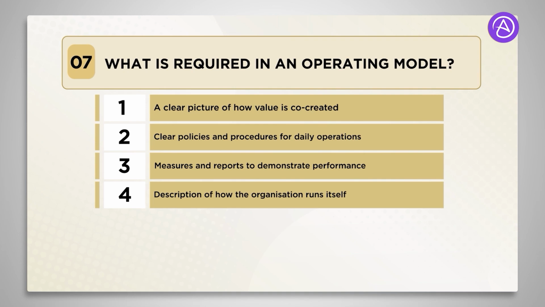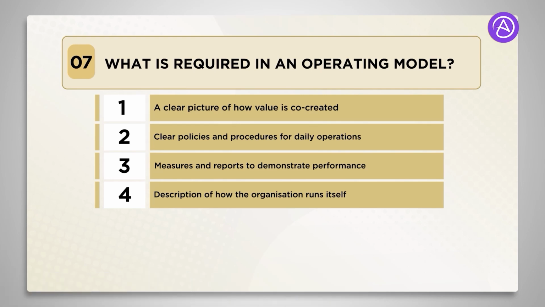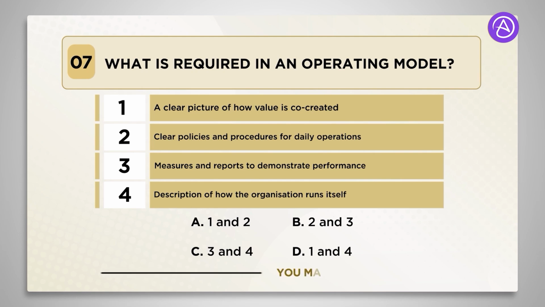Is it statement 3, measures and reports to demonstrate performance? Is it 4, description of how the organisation runs itself? So is it A, statements 1 and 2? Is it B, statements 2 and 3? Is it C, statements 3 and 4? Or is it D, statements 1 and 4?